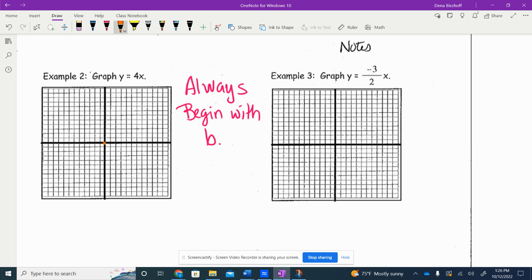It's the origin. It's 0, 0. And my slope, or my constant of variation, is 4. So that means from the origin, I do what? Up, start at 0, go up 4 over 1. Up 4 over 1. And I just keep doing that, right?